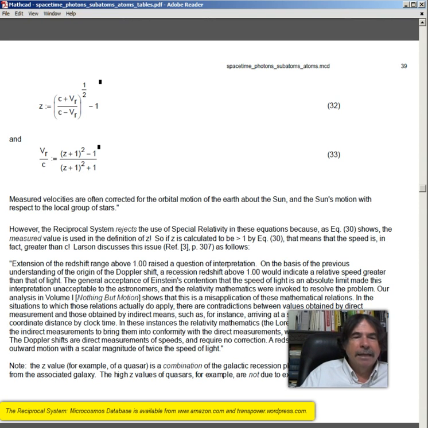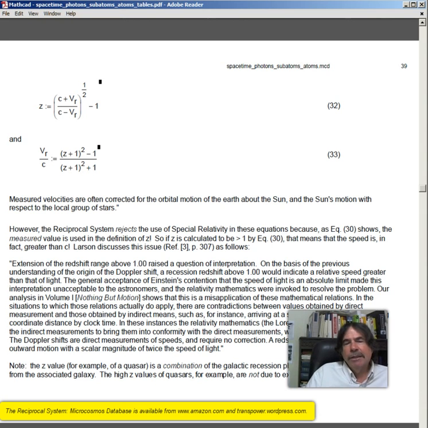Our analysis in Volume 1, Nothing But Motion, shows that this is a misapplication of these mathematical relations. In the situations to which those relations actually do apply, there are contradictions between values obtained by direct measurement and those obtained by indirect means, such as, for instance, arriving at a speed measurement by dividing coordinate distance by clock time.